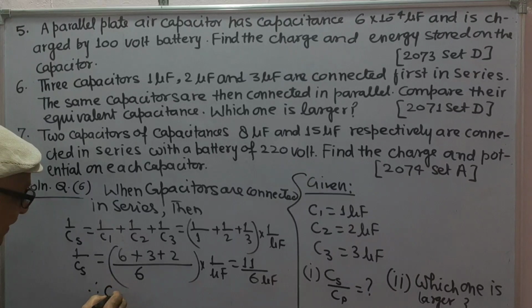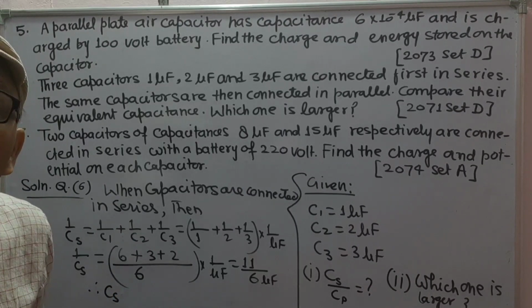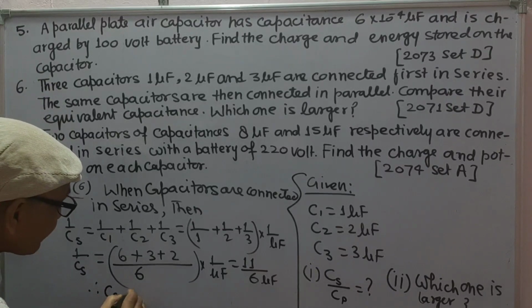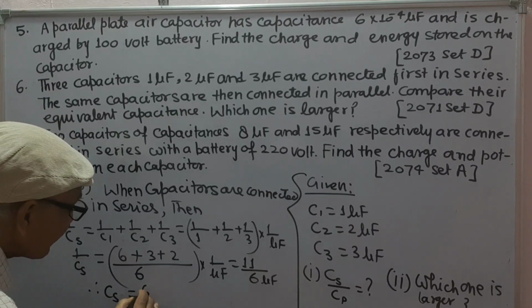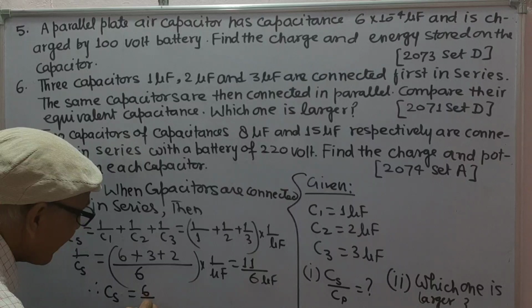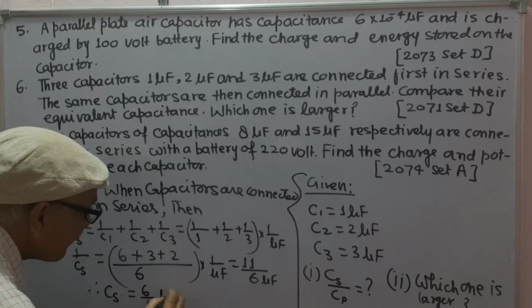Therefore, C series will be equal to 6 upon 11 microfarad.